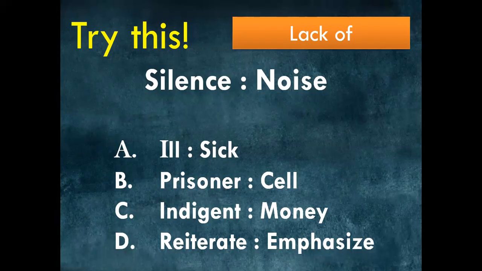Prisoner and cell are also synonyms. Reiterate to emphasize is also what we call words with the same meaning. If you want to reiterate, you want to emphasize. Therefore, the correct answer is letter C. If you are indigent, meaning poor, you lack money. So the answer here is letter C.